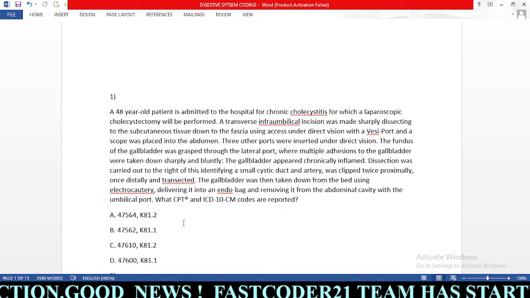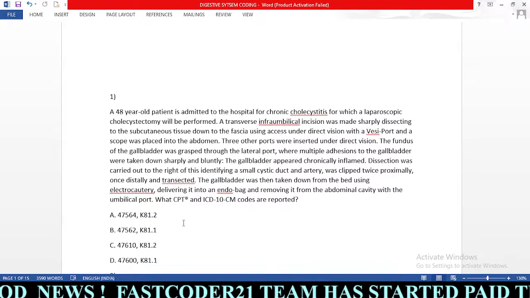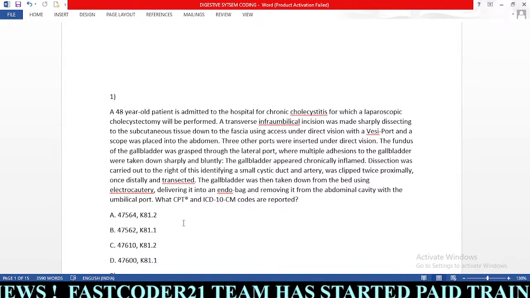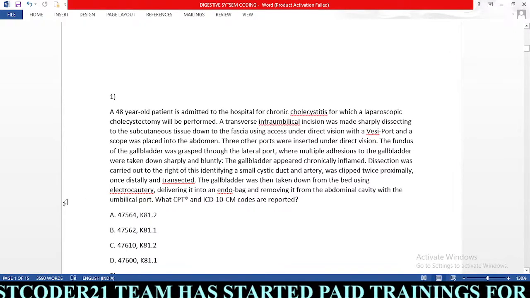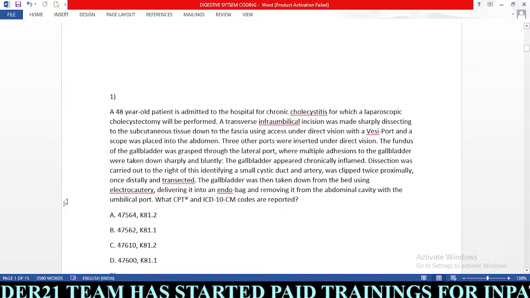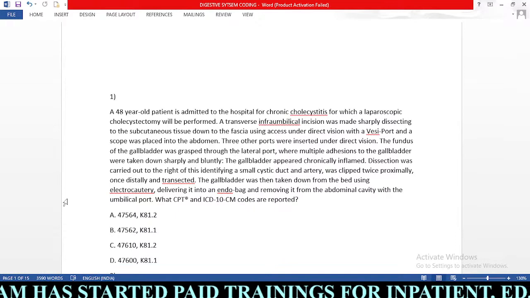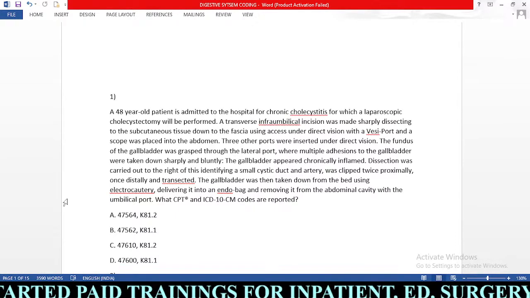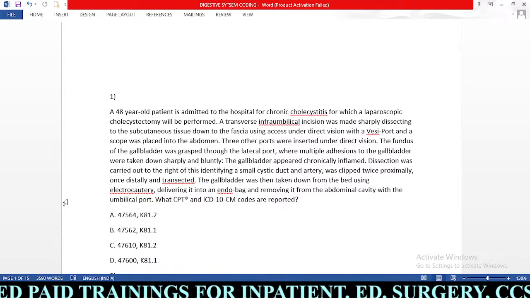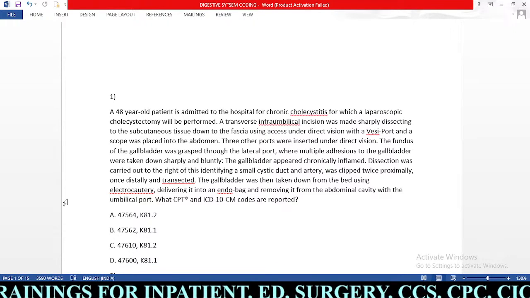That is your capability, but we need to find the correct answer. Mostly in the digestive system, if you know the anatomy, we can do very well. Just analyze the operative report, see what's going on there and try to identify the keywords. You need not worry about the answer. Anyway, I will explain it to you.